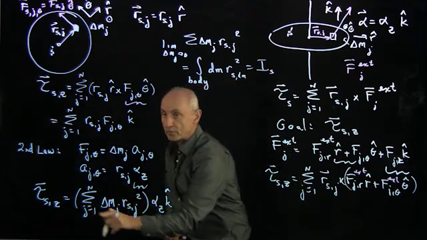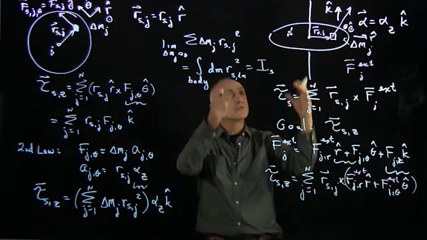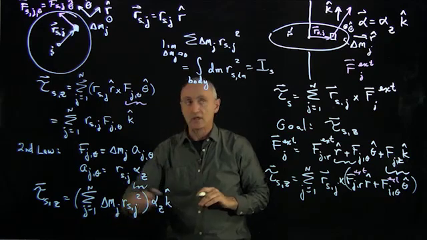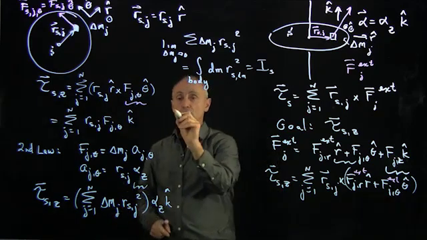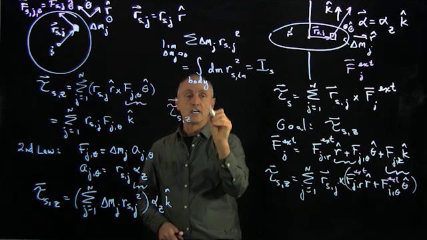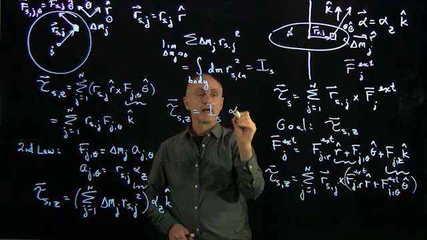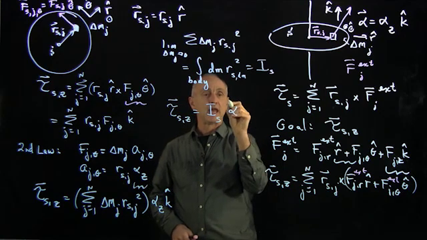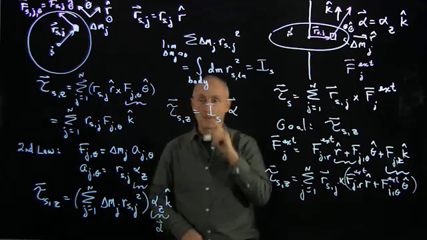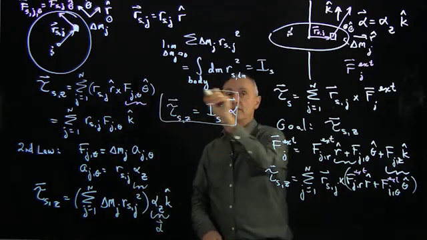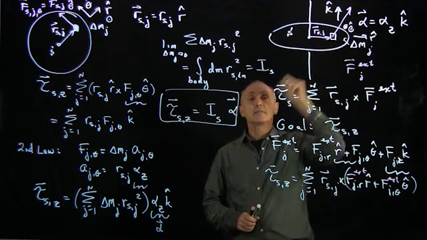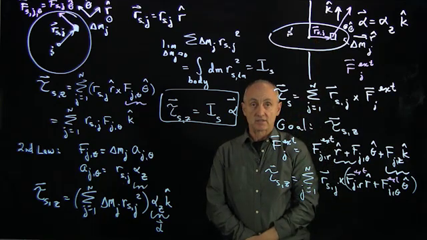So the quantity in parentheses is just a measure of the mass distribution about the axis. You see the r squared, the delta mj. And so in conclusion, we have that the z component of the torque is equal to I_S alpha z k hat, which is now a vector because that's the vector alpha.